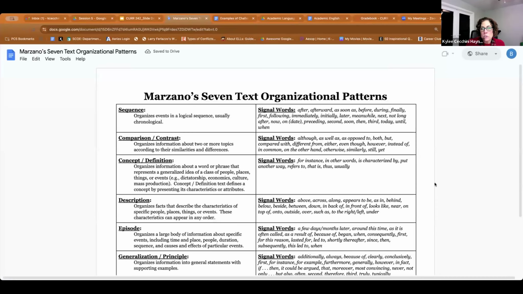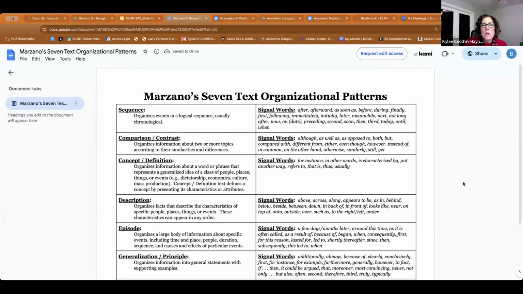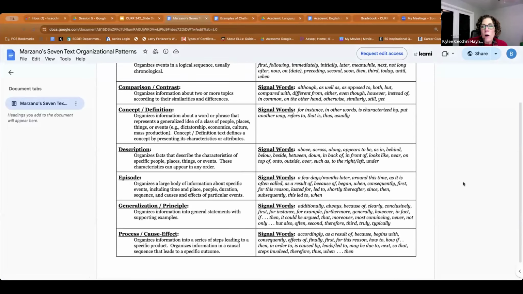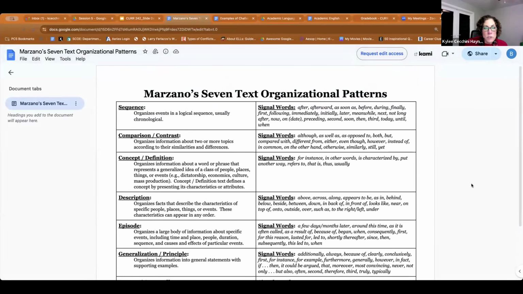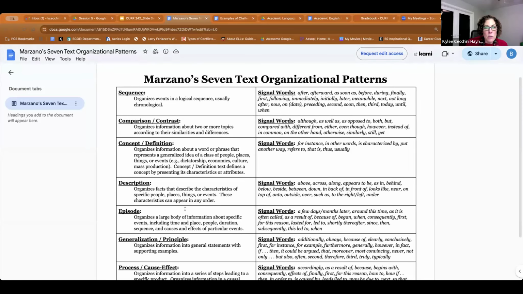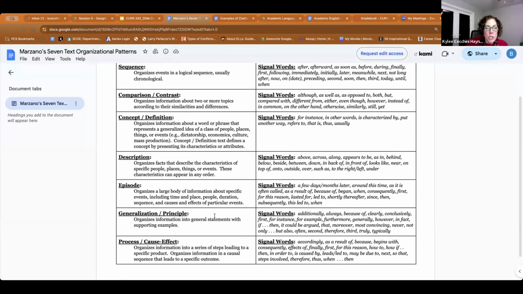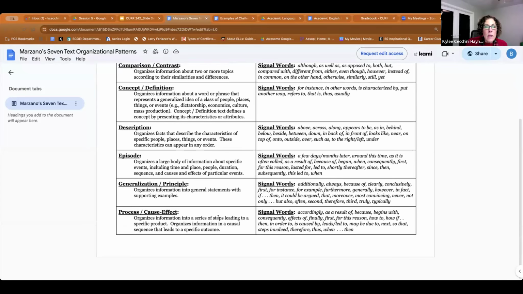And this is in your support materials. These are discourse. These are structures. There is sequence, compare, contrast, concept definition, description, episode, generalization, principle, process, cause, effect.